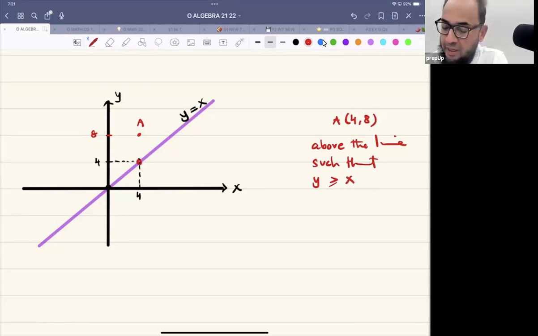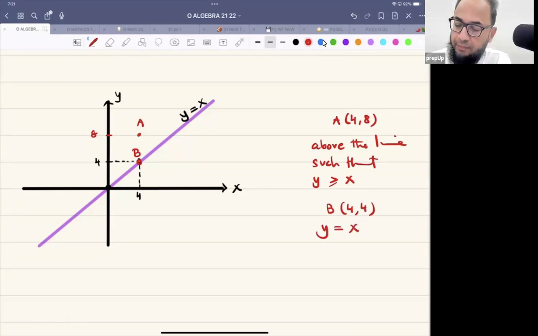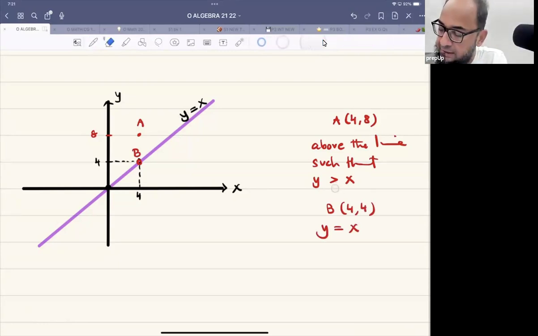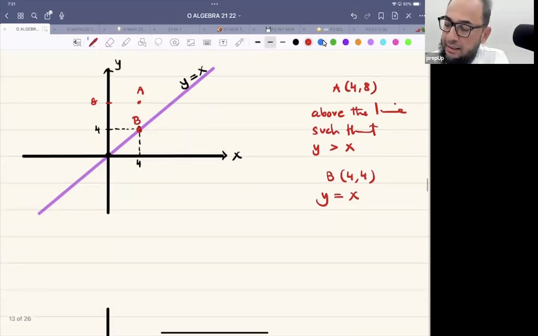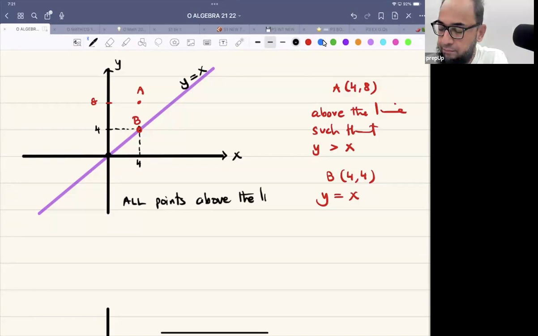This point B is 4, 4. This is y is equals to x. This one is y is greater than x. That means I can write that all points above the line are such that y is greater than x.